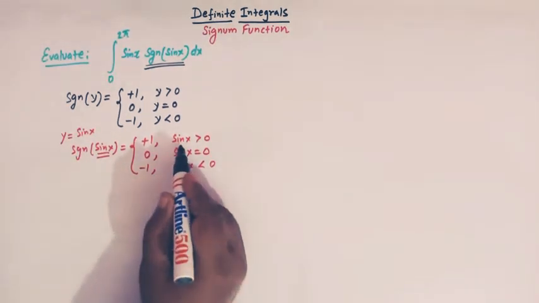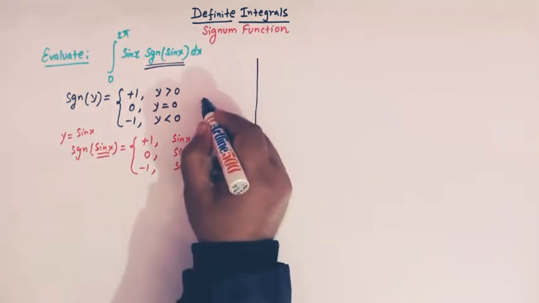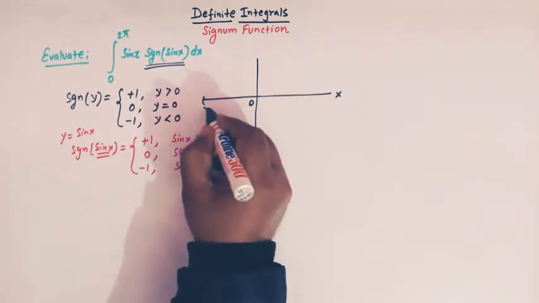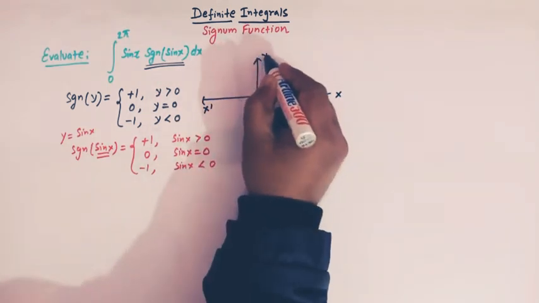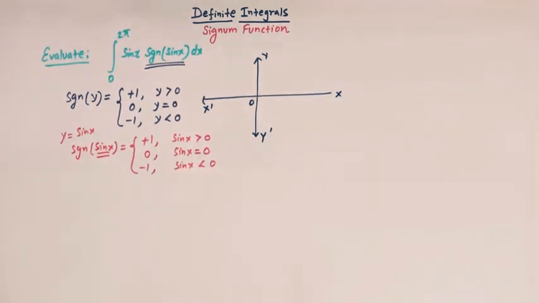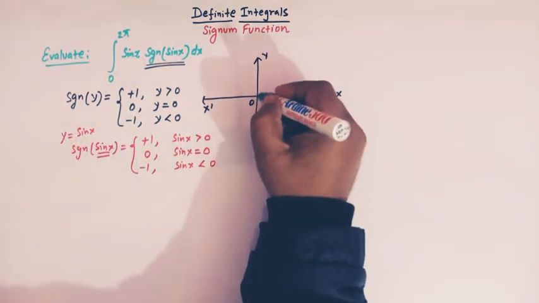If we take the axes like this, this is the x-axis and this is the y-axis, and let us take a rough sketch of the sine function.